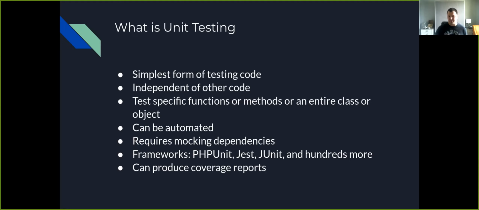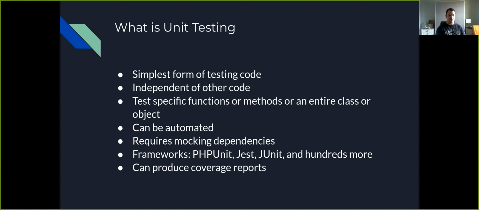Now, unit testing, because it doesn't rely on any external sources, any external dependencies, there's the potential need to require mocking dependencies, such as your API calls. This object might require another object or another service somewhere in the contrib space or open source space.